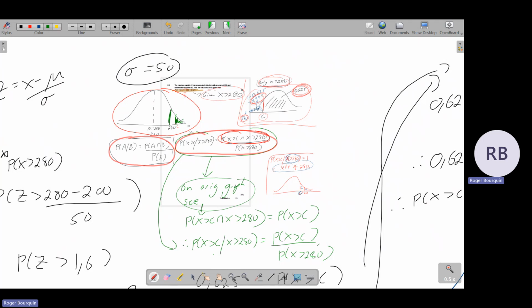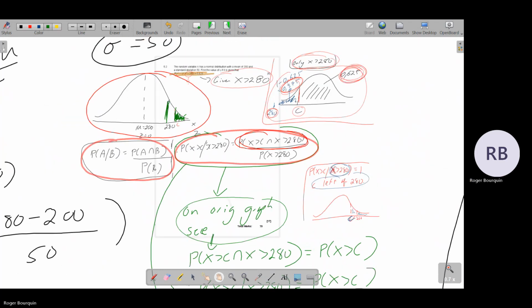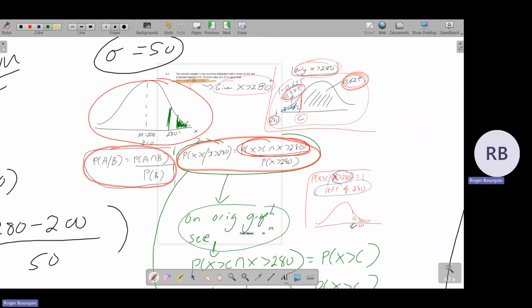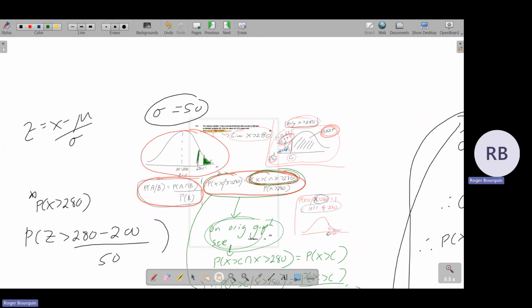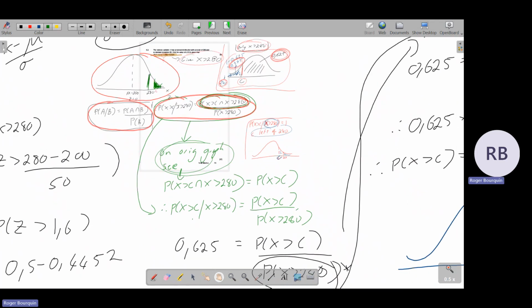This region I'm shading in green is the only region where both are met. So the probability that x is bigger than c and x is bigger than 280 is exactly the same thing as the probability that x is bigger than c. This was a core thing that people missed.